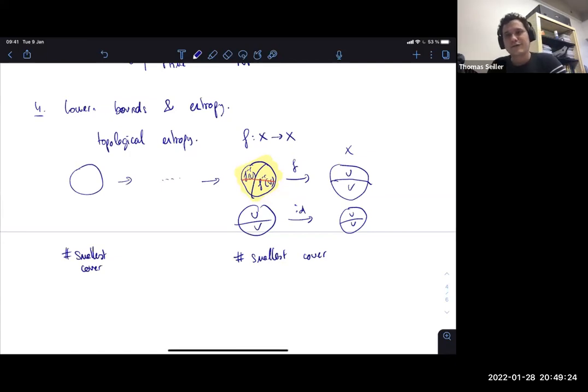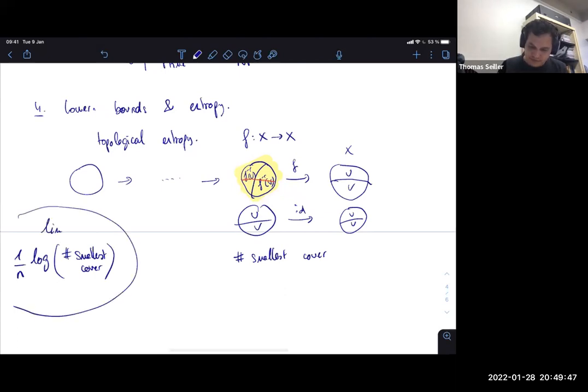So now I will have to look at the cheat sheet because I can't remember the formula each time. But if you take the logarithm of this, right, and you take 1 over n here, then you can prove that this will have a limit. Okay, so the limit of this is called H_F(C), where C is the starting cover.